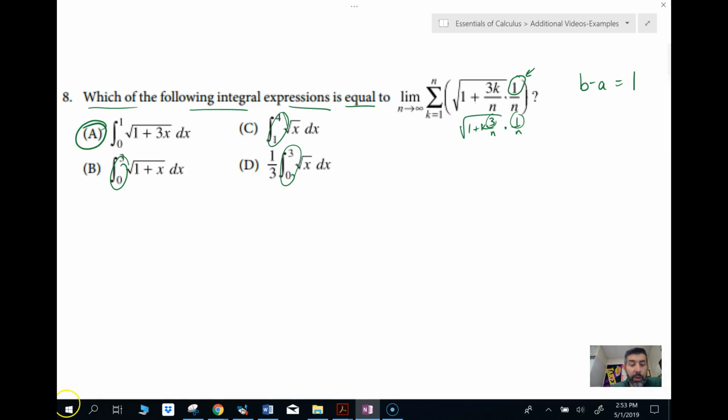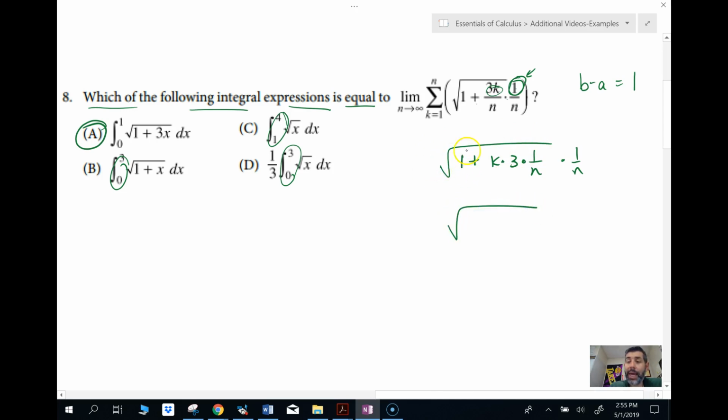Let's take a look at maybe another way to do that. Now, the other way we can see is that we've got a 1 here, so we need this to also be a 1. So this is really 1 plus 3 times k, well, let's go k times 3 times 1 over n. And we've got a 1 over n. So our function here is going to be a square root.